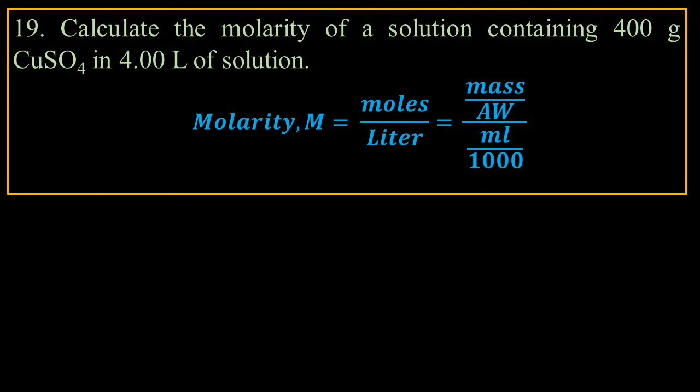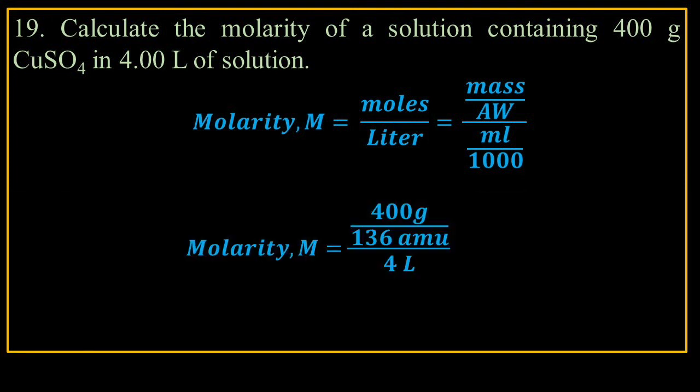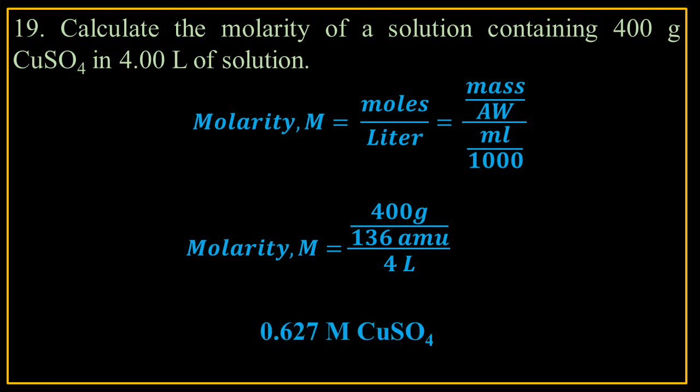So you add up the atomic weight of copper-2 sulfate, which is 136 grams, so it's going to be 400 over 136, and instead of giving you milliliters, they give you liters directly, which helps out tremendously. So you do 400 divided by 136, and then divide everything by 4, and it's 0.627 molar copper-2 sulfate.